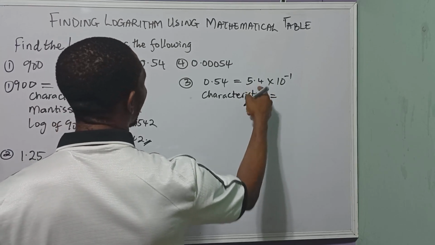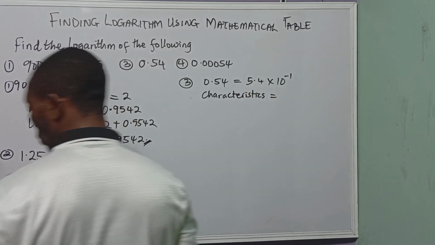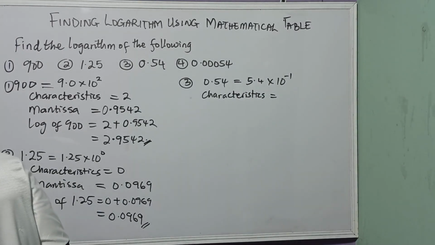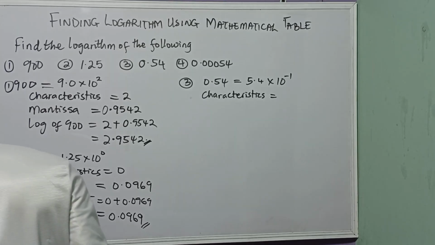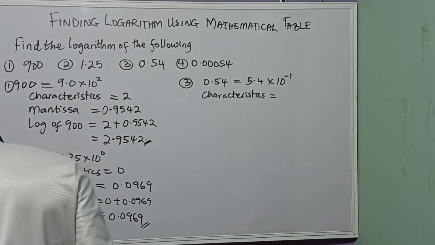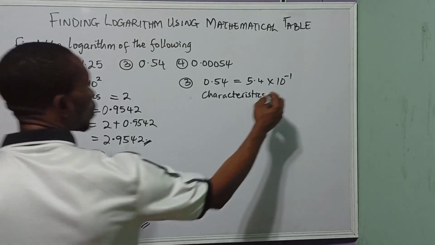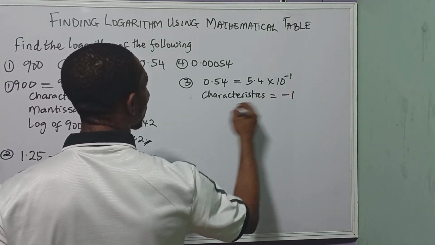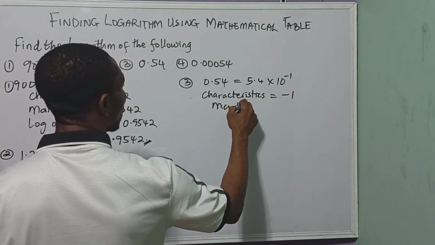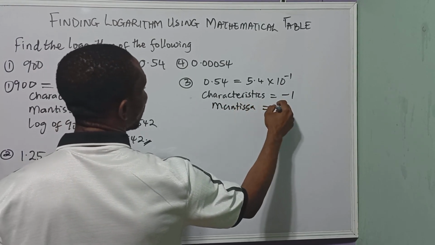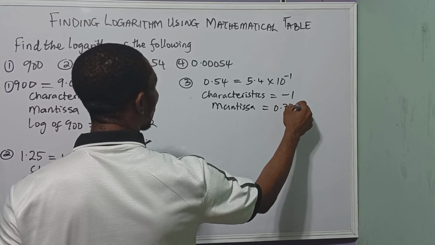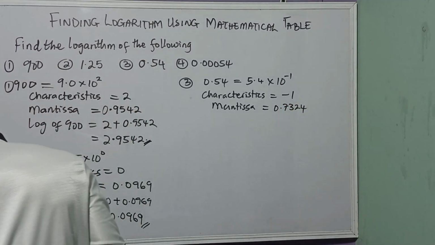would be 54 under 0. Now 54 under 0 will give us 7324. Okay, so our characteristic is minus 1. Our mantissa would be 0.7324.